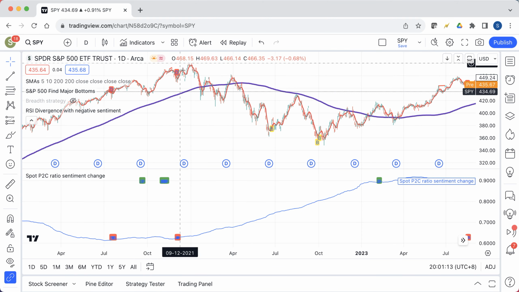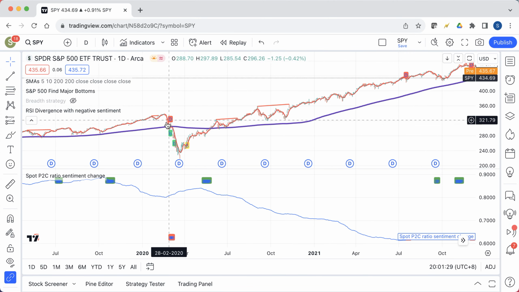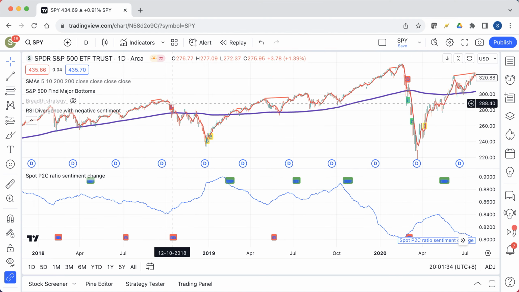So for example, here again, it's RSI divergence followed by a sentiment change to the negative, and it's represented with a red rectangle with a capital D inside. And again, it's finding that top here with that pattern, and similar here.